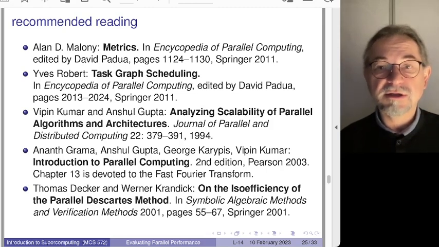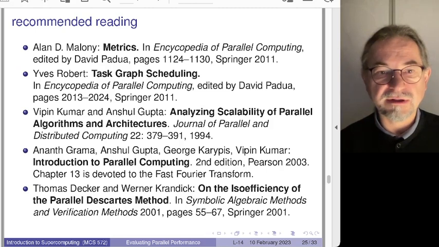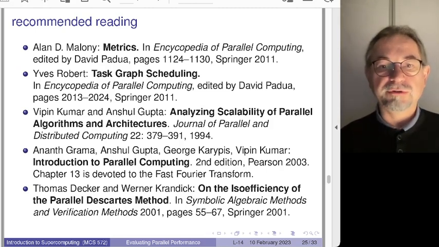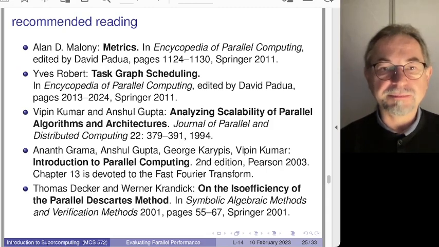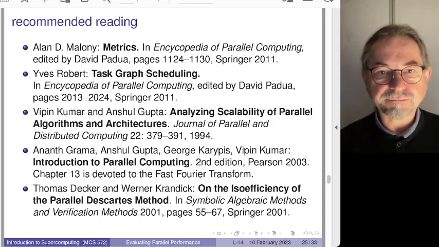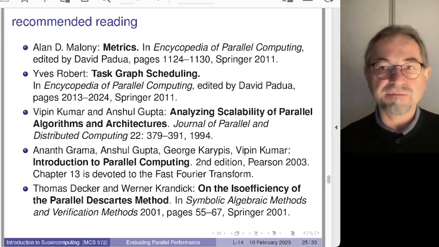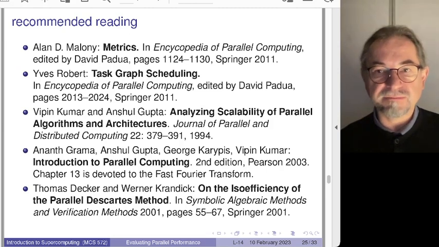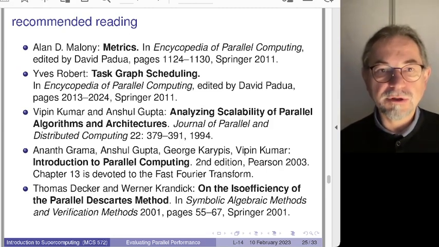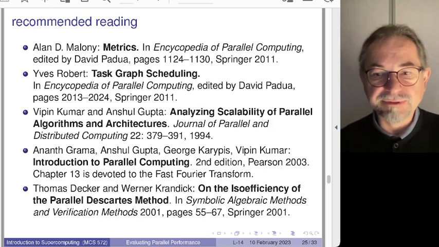Then there is the last reference that computes and illustrates the notion of isoefficiency on the parallel Cholesky method. So I gave the example on the parallel fast Fourier transform, but the concept of isoefficiency can be done for any type of computation. Okay, so this is the recommended reading where I got my sources from.